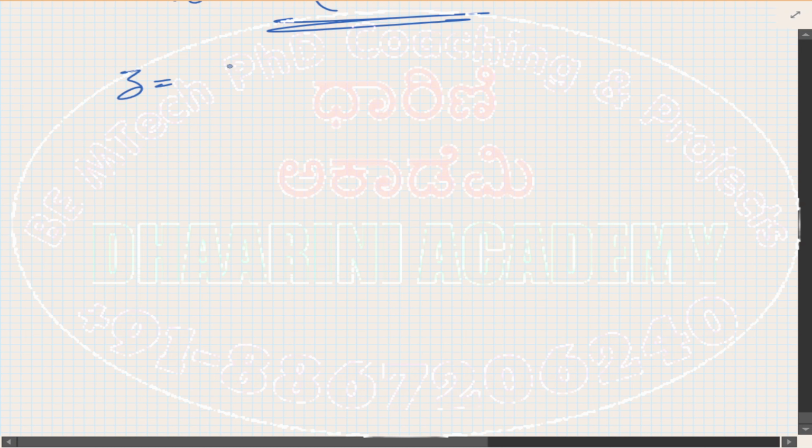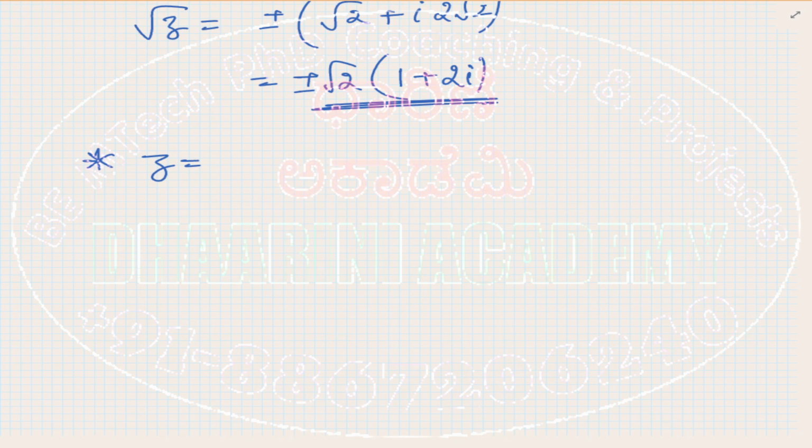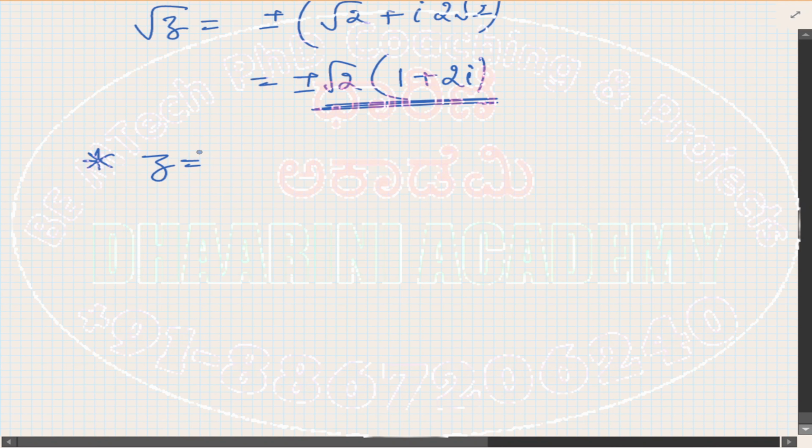Z is equal to minus 6 plus 8i. Find the square root of the complex number z.